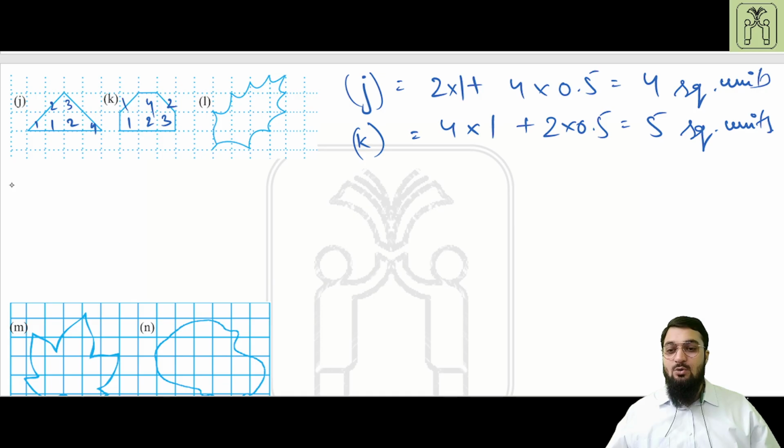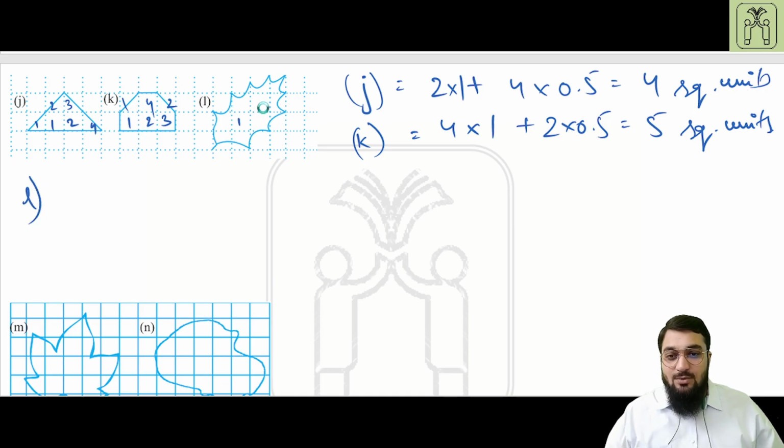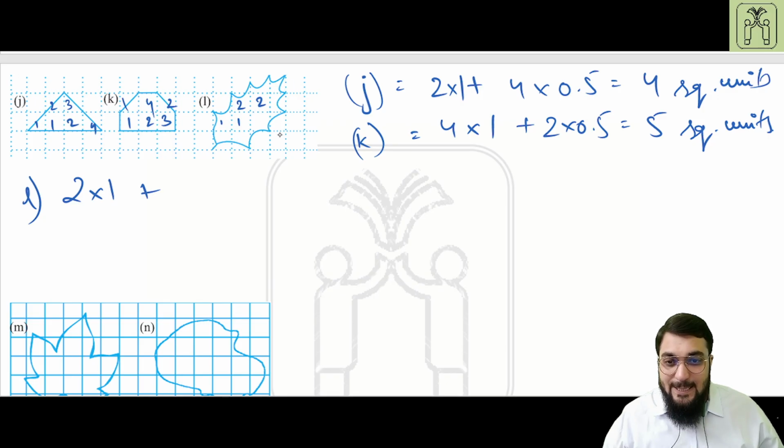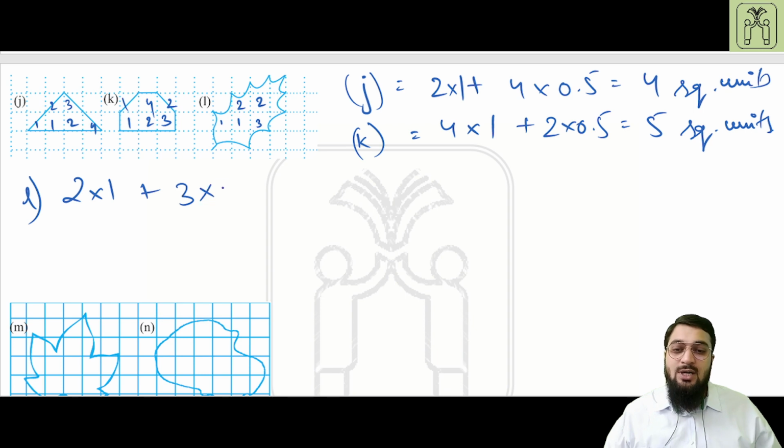After that, coming to part L. Total squares will be 1 and 2. So this will start with 2 into 1, plus any squares that are almost covered, like 90%. So 1, 2 and 3 are covered like 90%.